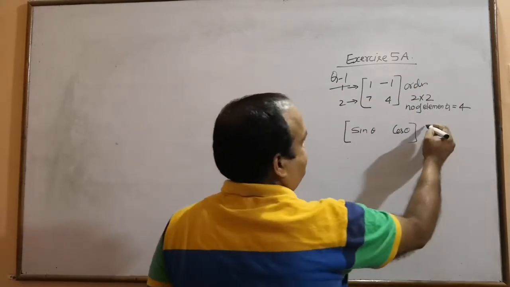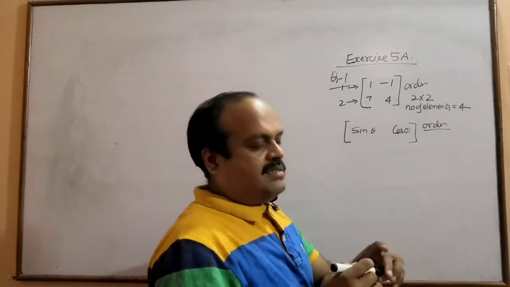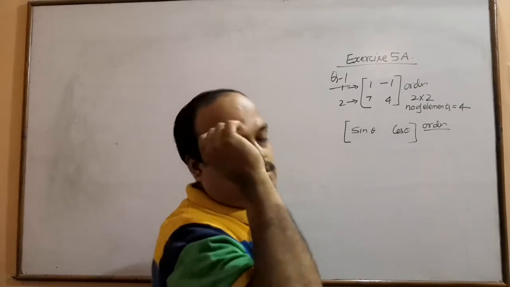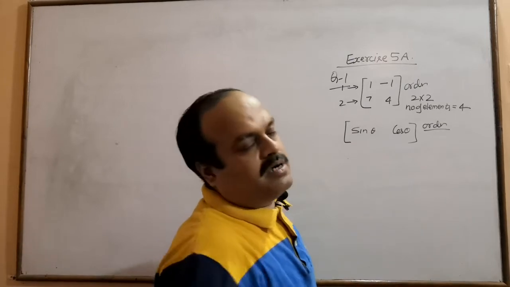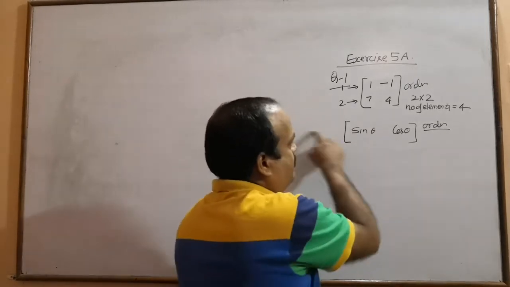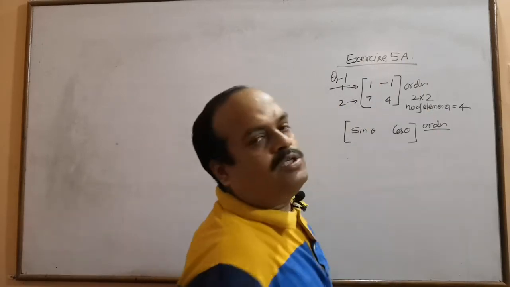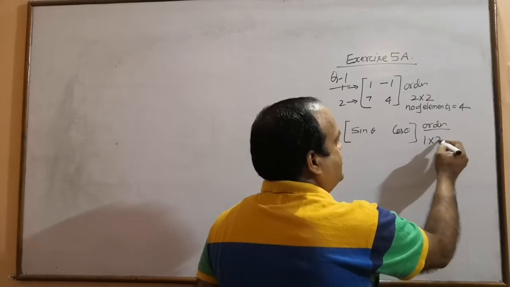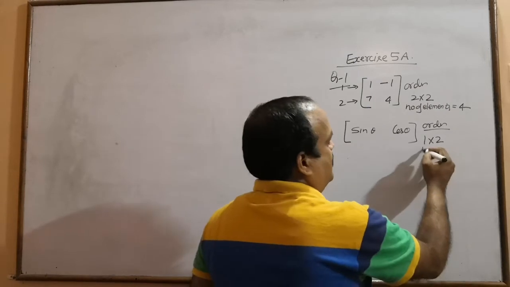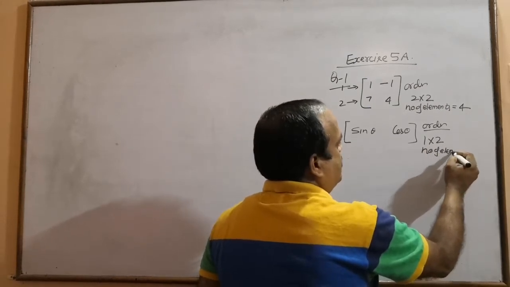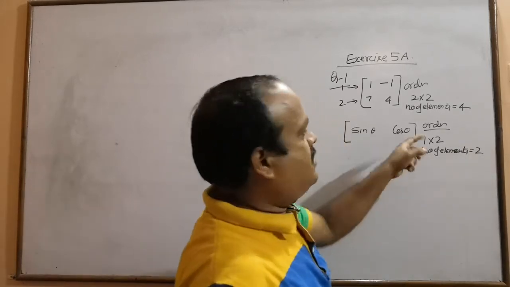When you write the order of a matrix, you should start with the number of rows first, then write the number of columns. So 1 row and 2 columns. The order of this matrix will be 1 cross 2. 1 into 2 equals 2, so the number of elements in this matrix is 2.